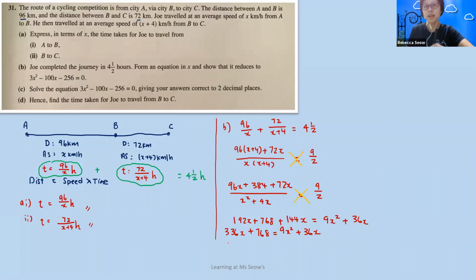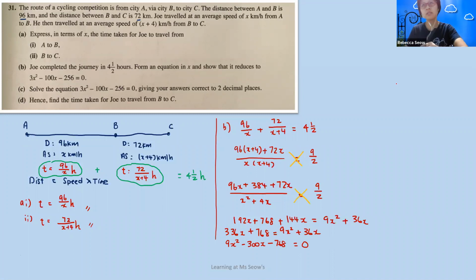So 9x squared remains on one end. I'm going to move 336x over to the other side. So what I will be having is 9x squared minus 300x minus 768 equals to 0.